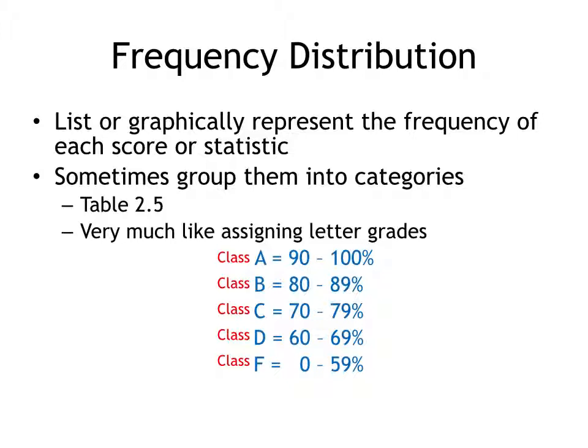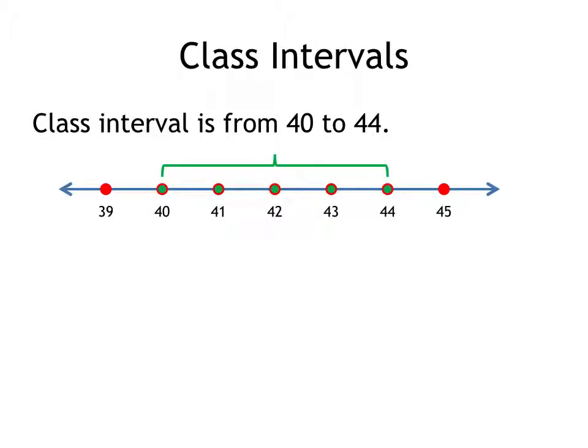Each group is called a class. So we've got a class or an interval that's called A, a class that's called B, a class that's called C, and so on. On the grading scale, each of these class intervals is 10 percentage points. Let's use an example of a class interval from 40 to 44.